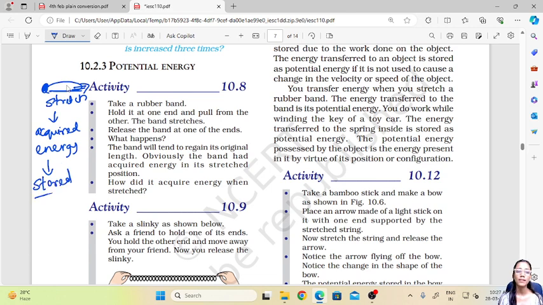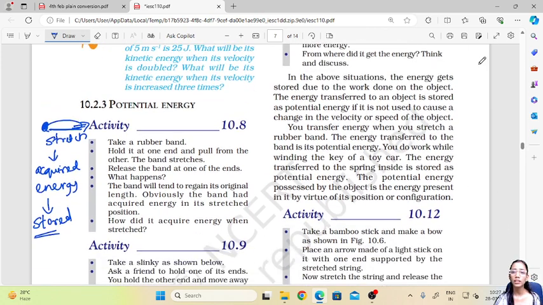This stored energy was not used for changing the velocity or the direction of motion. It was just stored. So the energy gets stored due to the work done on the object when it was stretched. Stretching is the work done on that object, and due to this the energy was stored.